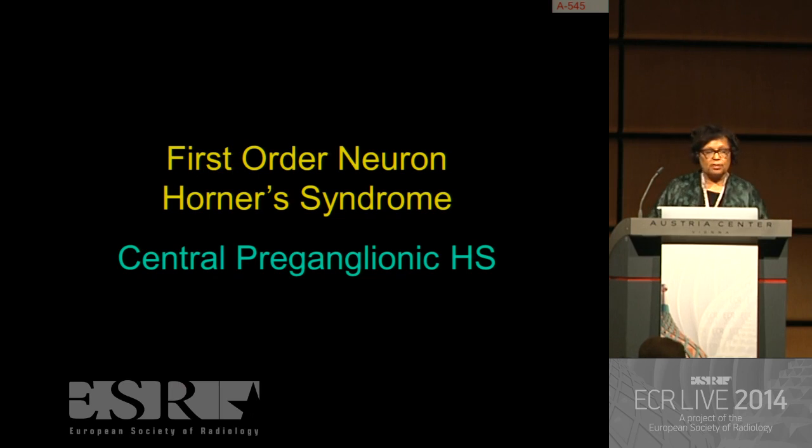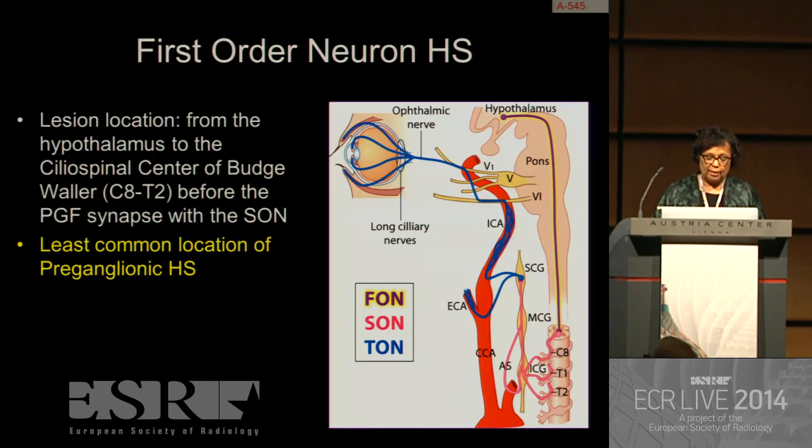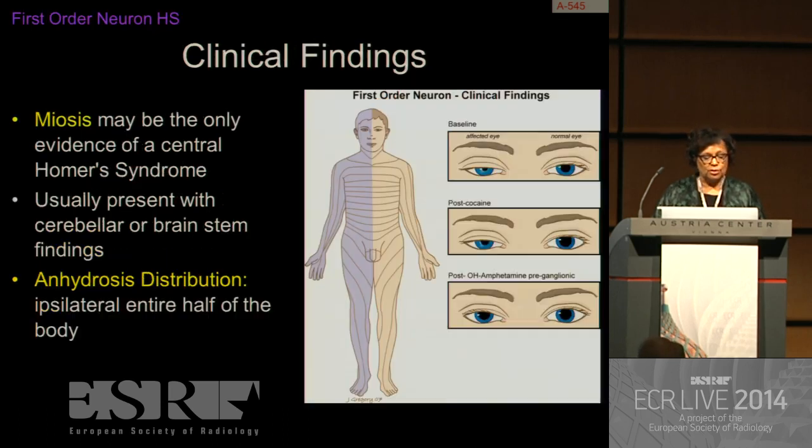So let's look now at some lesions all along the course of the oculosympathetic pathway. So the first ones we're going to look at are the first-order neuron Horner syndrome, or the central preganglionic Horner syndrome. And again, these are the lesions that occur anywhere from the hypothalamus down along the postganglionic fibers before they synapse with the second-order neuron. And this is the least common location for the preganglionic Horner syndrome.